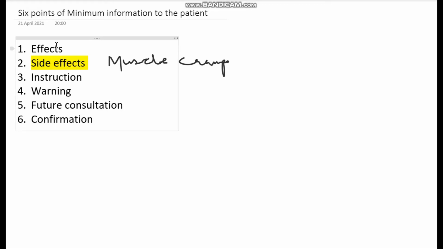Okay, then the third point is about the instruction for use. Now, what do you mean by instruction for use? It's basically about the route of administration, the time which is to be taken, and for what duration, for how long it has to be taken, and stuff like that.